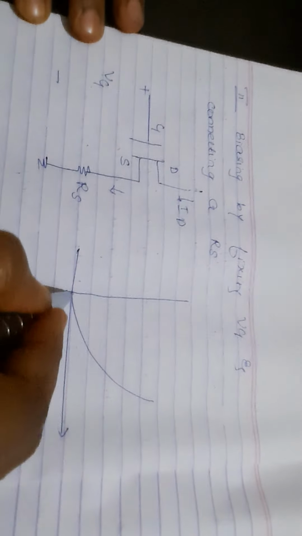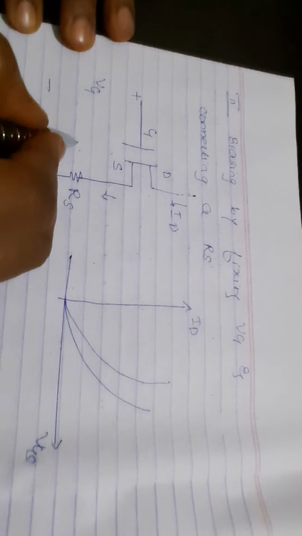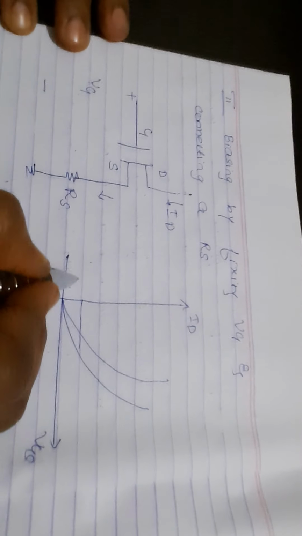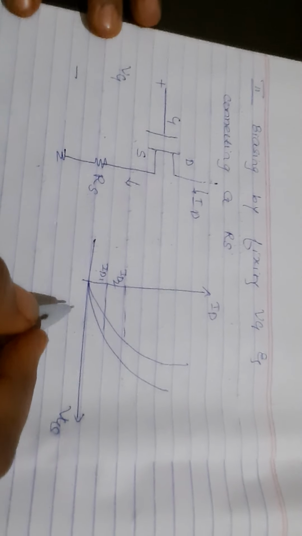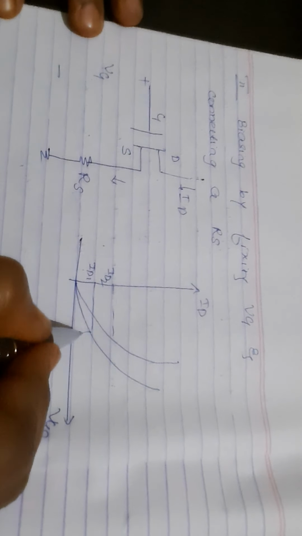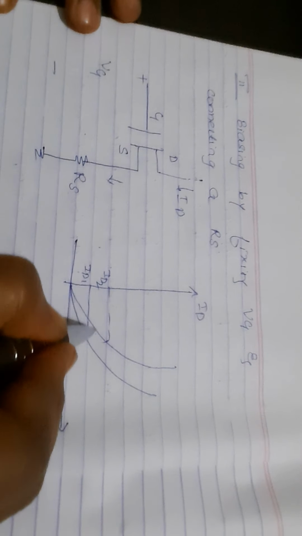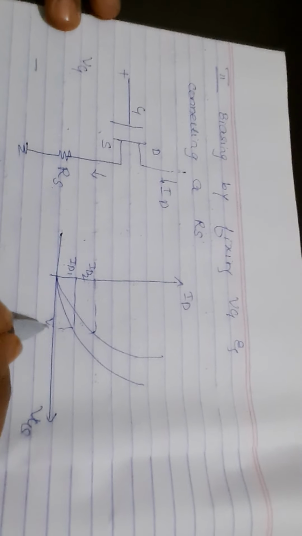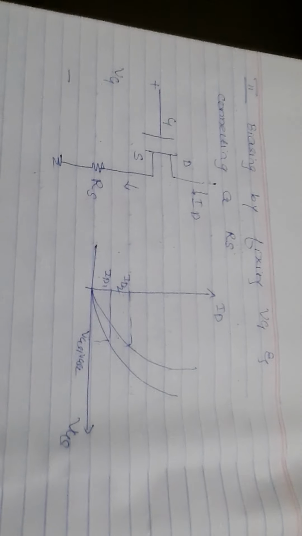Now we get a characteristic like this. This is device 1 and this is device 2, on the graph of ID versus VGS, and we get ID1 and ID2. They are nearly the same, nearer values, with VGS1 and VGS2.